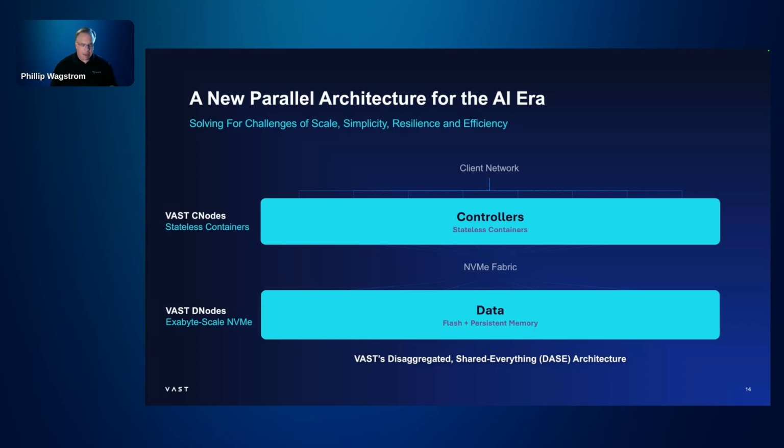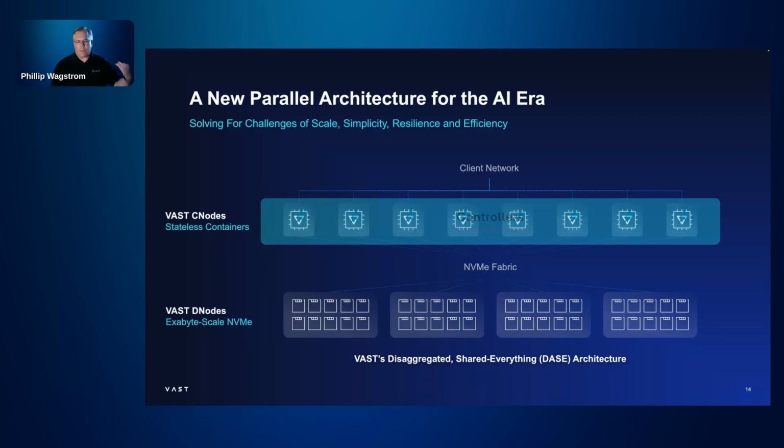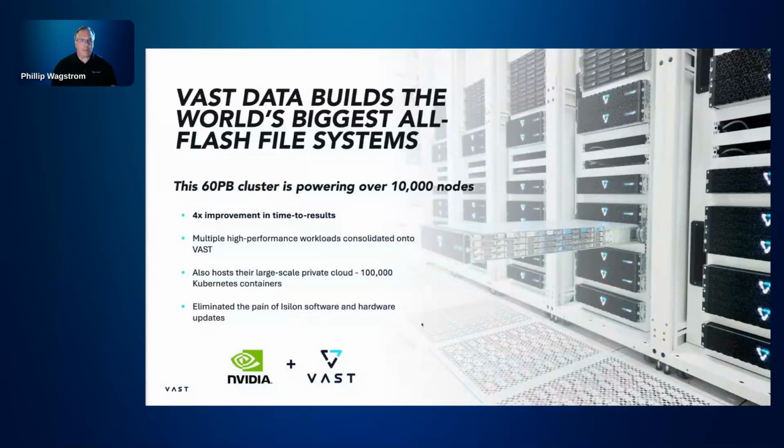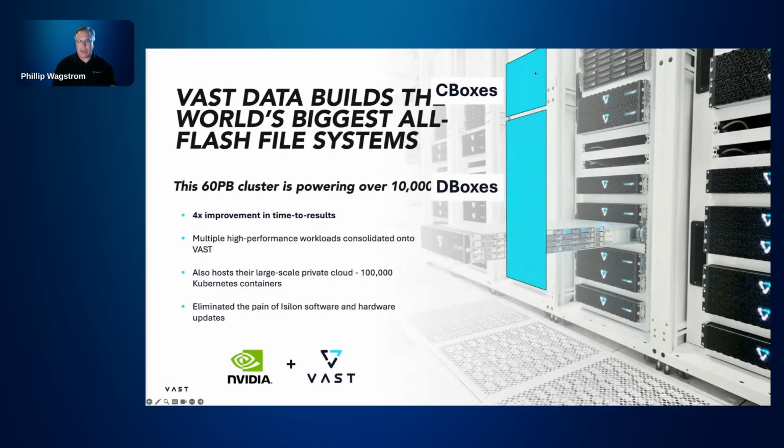So let's dig into that a little bit and some of the advantages. One of the biggest advantages here is, as I said, scale. In a typical rack, we've got our C boxes or C nodes up here. We may have our D boxes, or data boxes, here. There's a graphical example of what a D box might look like.